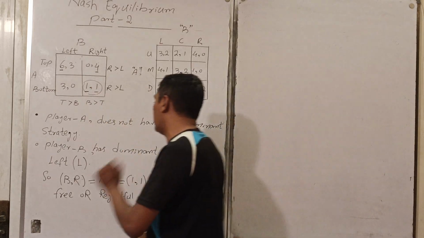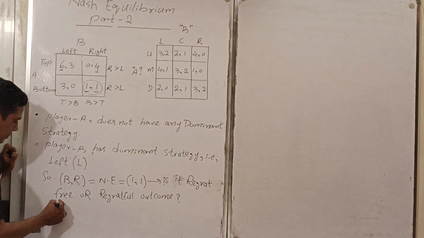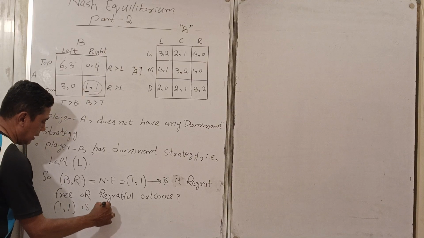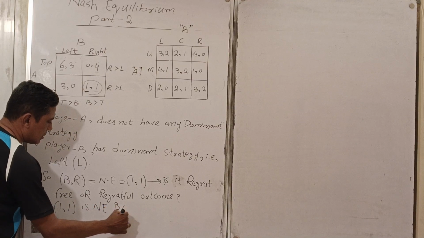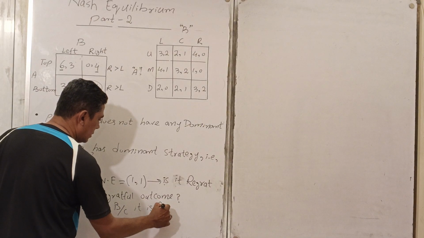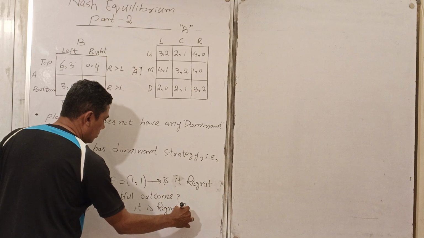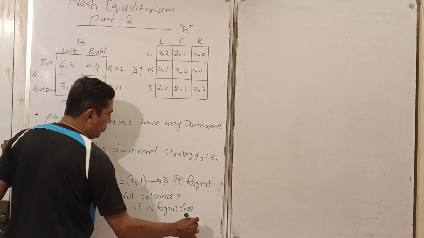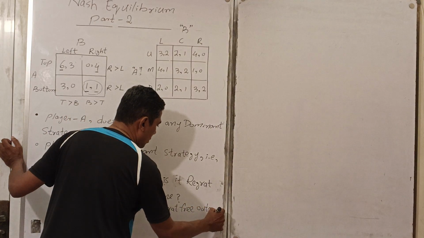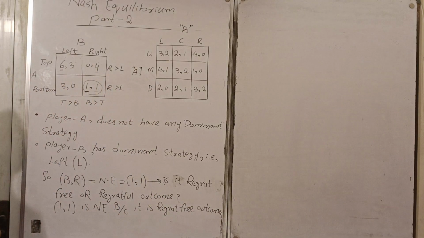So now we can conclude that 1, 1 is a NE because it is regret free, because it is a regret free outcome.